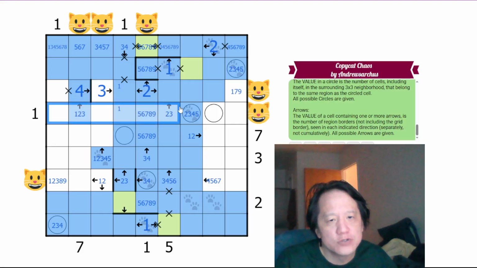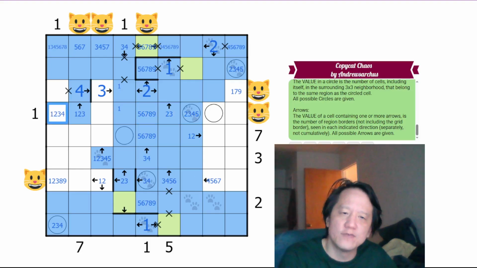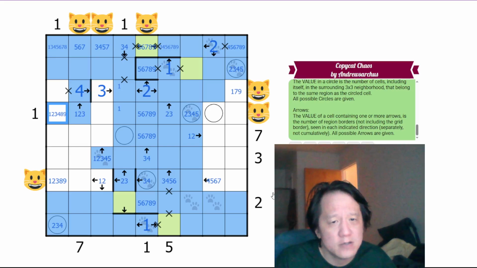Interesting. Value-wise, 1 cannot be in 5, 6, or 7. So we could have 1, 2, 3, 4, 8, or 9, technically. Very unlikely, but possible.